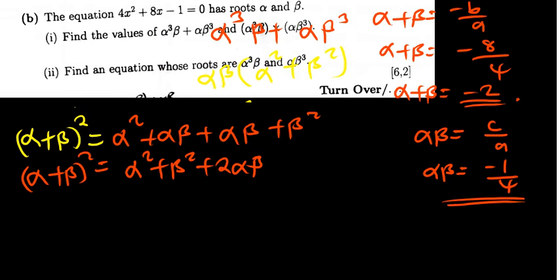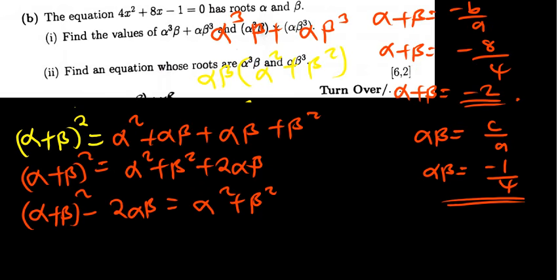Our goal is to make this the subject of the formula. The next thing I'm going to do, I'll shift this to the left hand side. So I'll say alpha plus beta to the power 2 minus 2 alpha beta is equal to alpha squared plus beta squared. Wherever you see alpha squared plus beta squared, you need to be replacing it with this always.